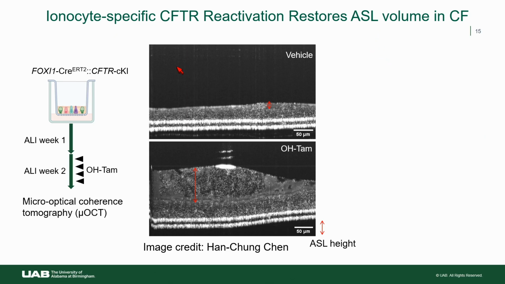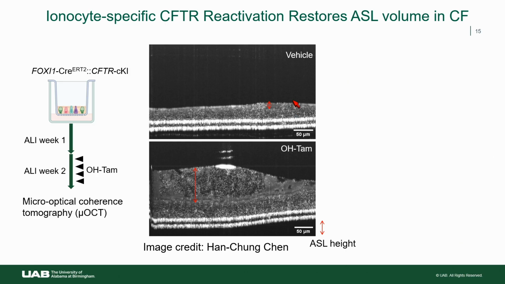So we make the FOXI1-CreERT2 CFTR conditional knock-in basal cells, then let them grow in the ALI culture for two weeks. In the second week we put on tamoxifen, and then we use micro-OCT to measure the airway surface liquid volume.